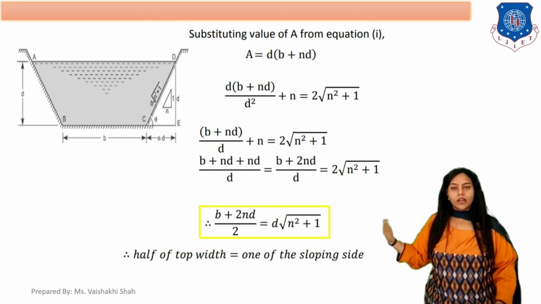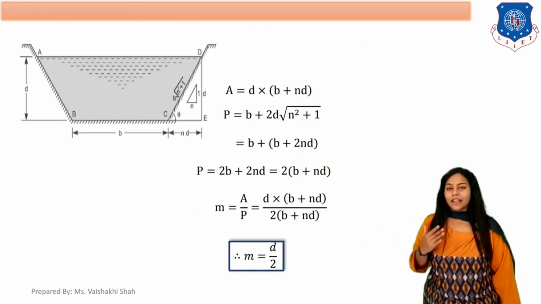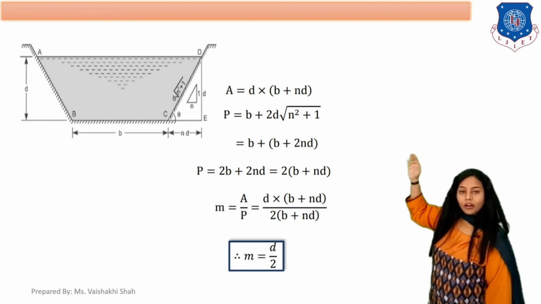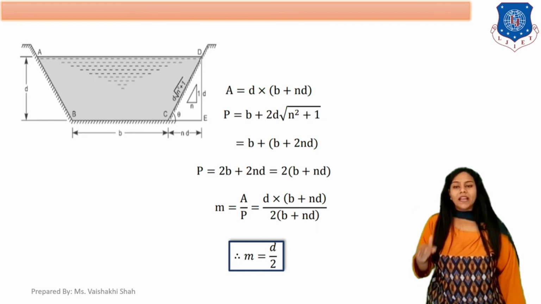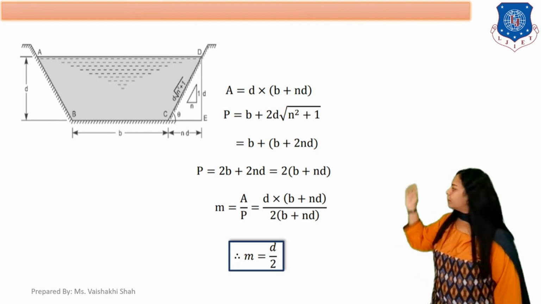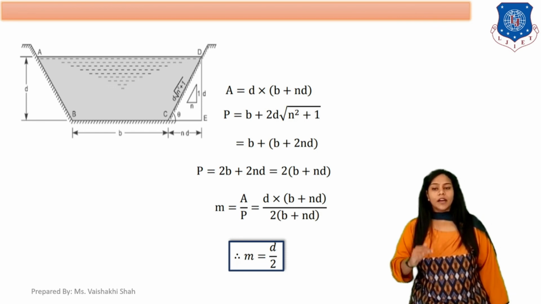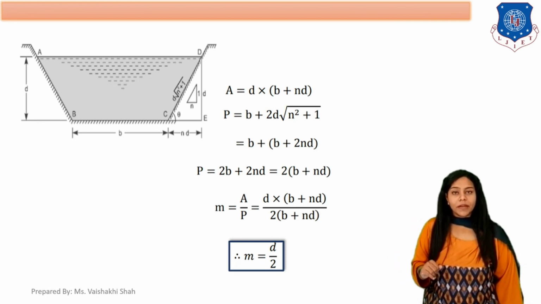Now another part of this derivation, where we know that A equals to D into B plus ND, and P is B plus 2ND, so the final equation for P was 2 into B plus ND. Now we have to find out hydraulic mean depth. What is the equation for hydraulic mean depth?